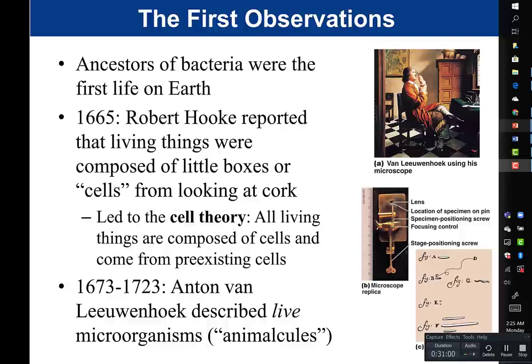It has a little pin where you can put the specimen, and it has a lens. He would take the rainwater or the scrapings from the teeth, put them on this pin, use this lens, and view those samples.